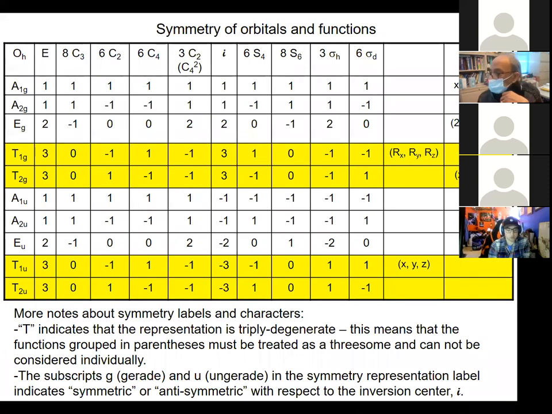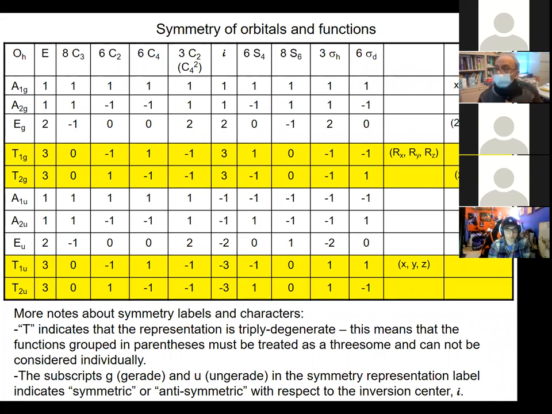Similarly, in T2G we have XZ, YZ, and XY. This is very important because we will be talking about the set of the d orbitals as being T2G orbitals as we go through the coordination complexes. But it's nice to see that in the character table.